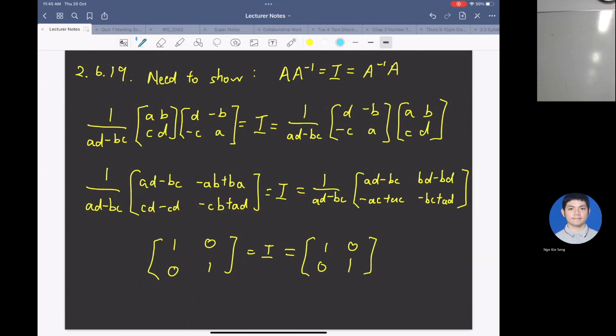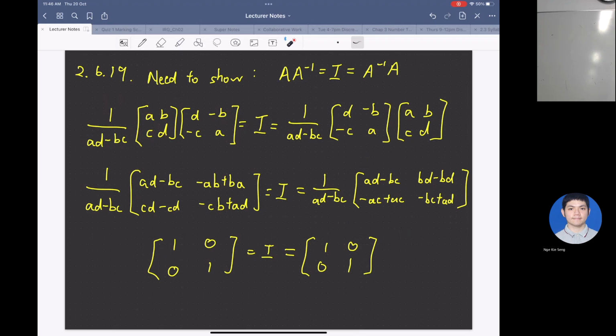I include this, although it is an odd-numbered question, because if you learn matrix theory, you must at least know the 2 by 2 inverse. The 2 by 2 inverse is: you swap the diagonal terms, and then you put a minus on the off-diagonal ones, and then divide by the determinant, 1 over (AD minus BC).